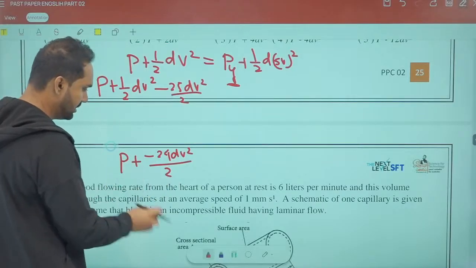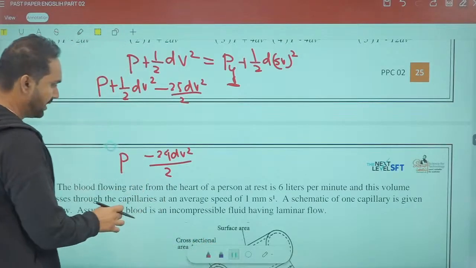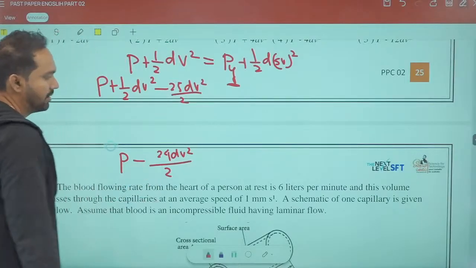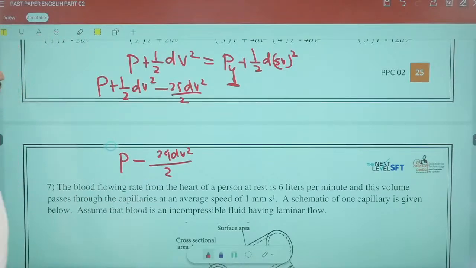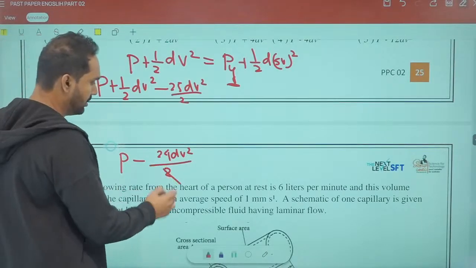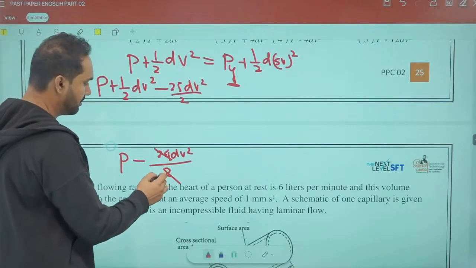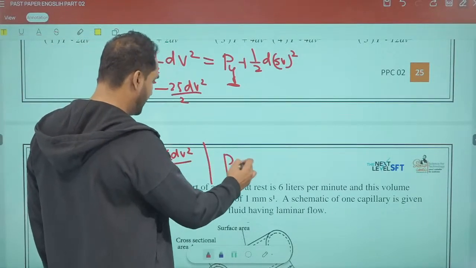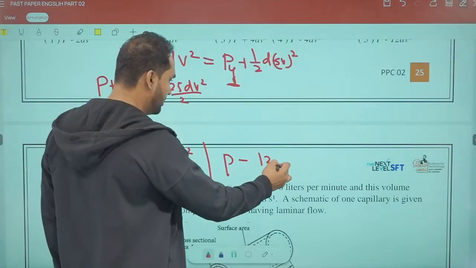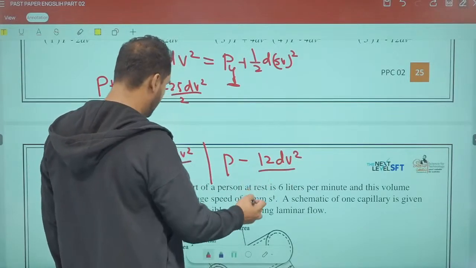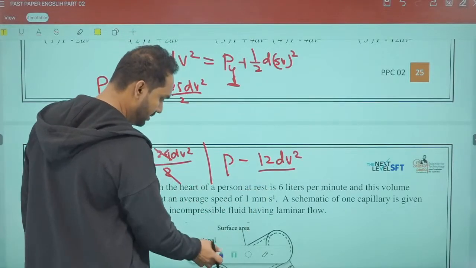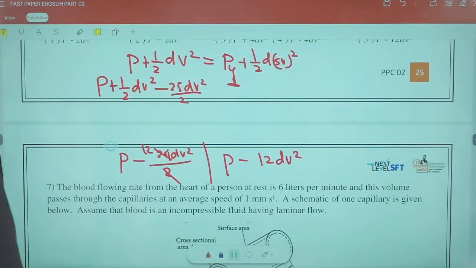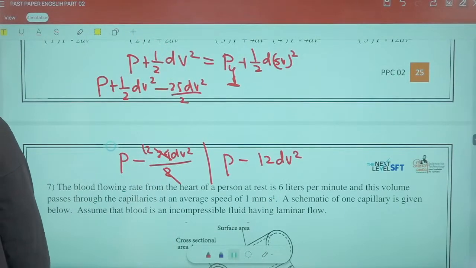So it's P minus 24 d V square over 2, right? The 2 into 24 cancels out, that will be 12. The final answer should be P minus 12 d V square. There's nothing to divide. That's it. P minus 12 d V square should be the answer.